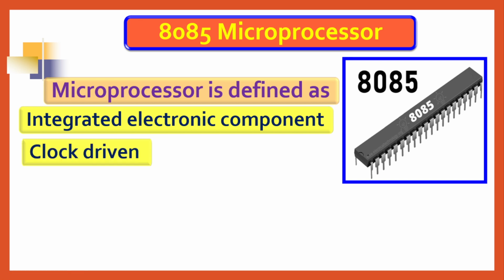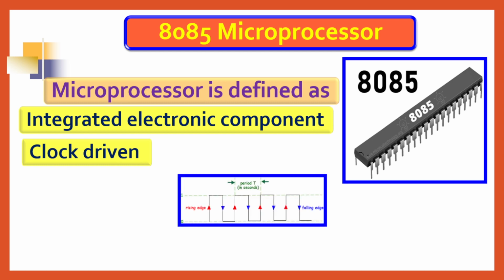The second thing is, we can define it as clock driven. Clock means a train of pulses, logic zeros and ones continuously varying. Any programmable device, whether a microprocessor or controller, works based on the clock frequency connected with it. For example, when you buy a cell phone, it will be mentioned that the processor clock is 1 GHz, 2 GHz, 4 GHz.